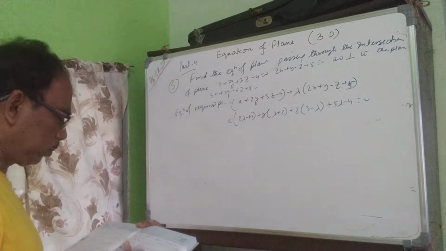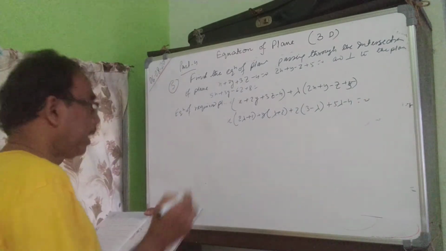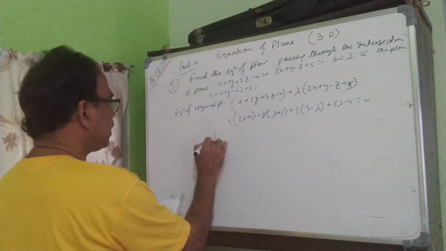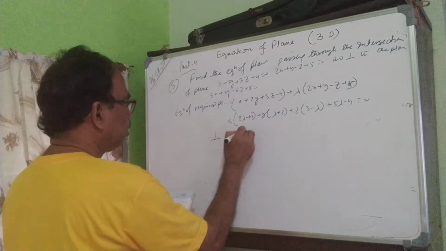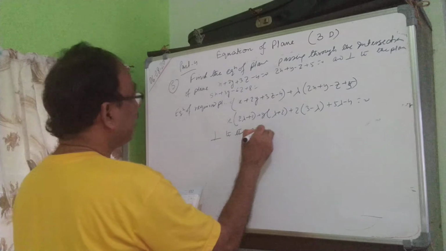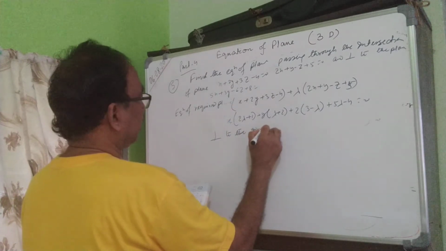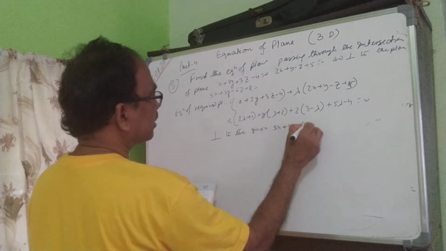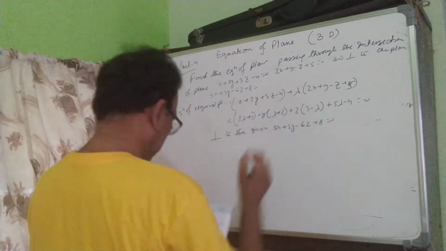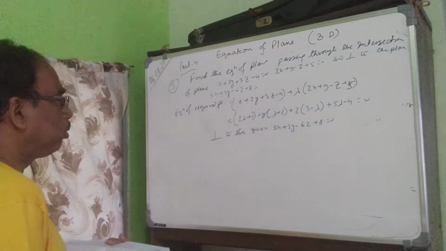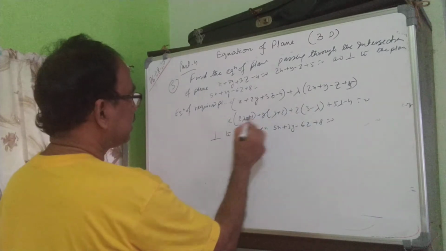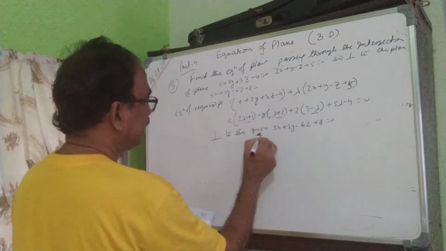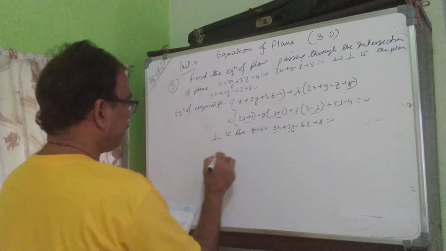This is the joint equation of the plane, which is perpendicular to the given plane 5x plus 3y minus 6z plus 8. This plane and this plane are perpendicular; these are the direction ratios, and these are the conditions of perpendicularity.